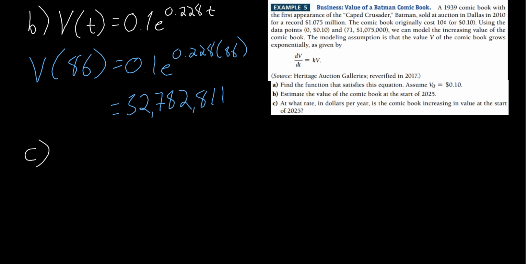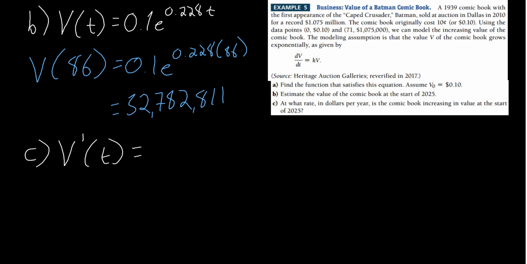So anyways, at what rate in dollars per year is the comic book increasing in value at the start of 2025? So again, all we have to do here is take our function and differentiate it. So we're going to have V prime of t is equal to, well, I'm just going to differentiate that function right now.